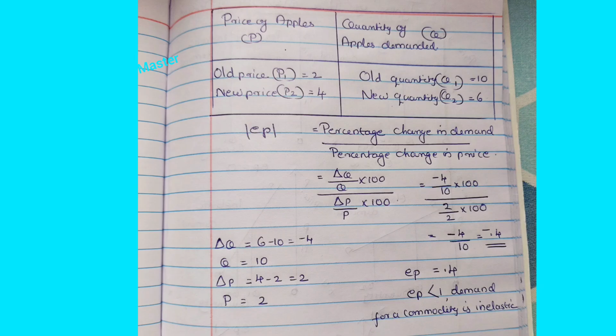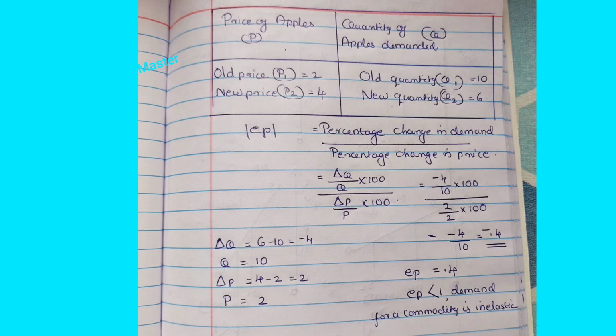So, delta Q by Q into 100 is equal to minus 4 by 10 into 100. Whole divided by delta P by P into 100, 2 by 2 into 100. Cancel 100 and 100. Then we will get the final answer minus 4 by 10, that is equal to minus 0.4.